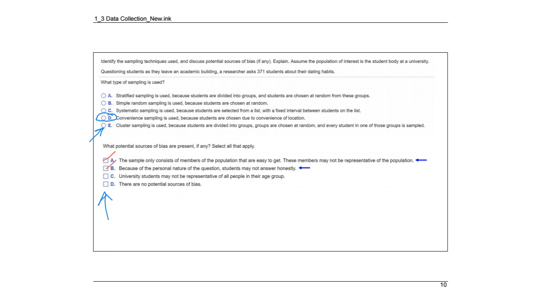If you write the questions with a bias, you're going to kind of guide people how to answer, and that's not good. You need unbiased questions. University students may not be representative of all people in their age group. Well, that could be true, but that's not a bias here. There are no potential sources of bias. No, so it would be the first two.